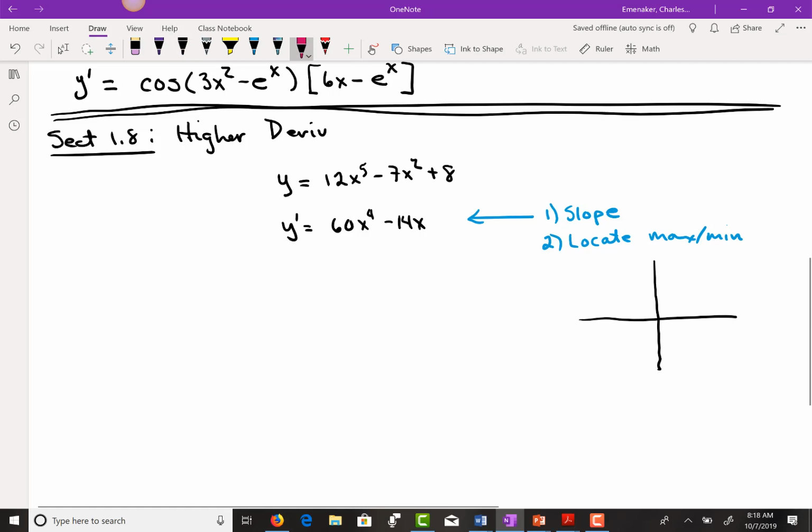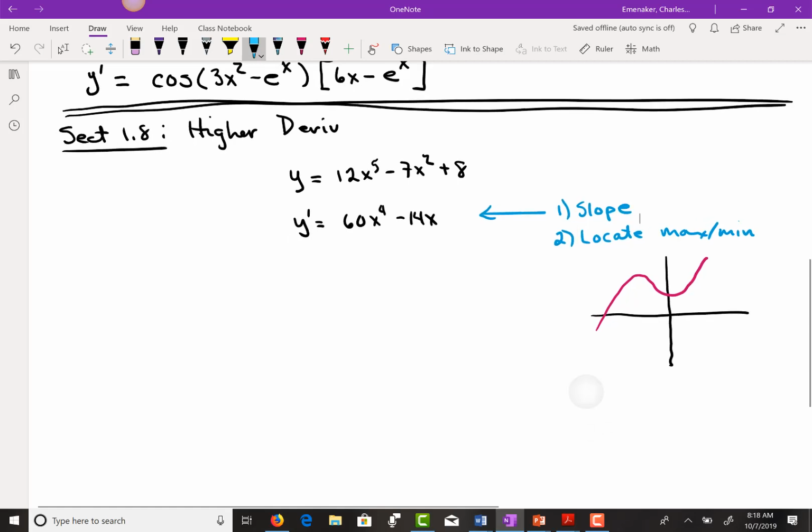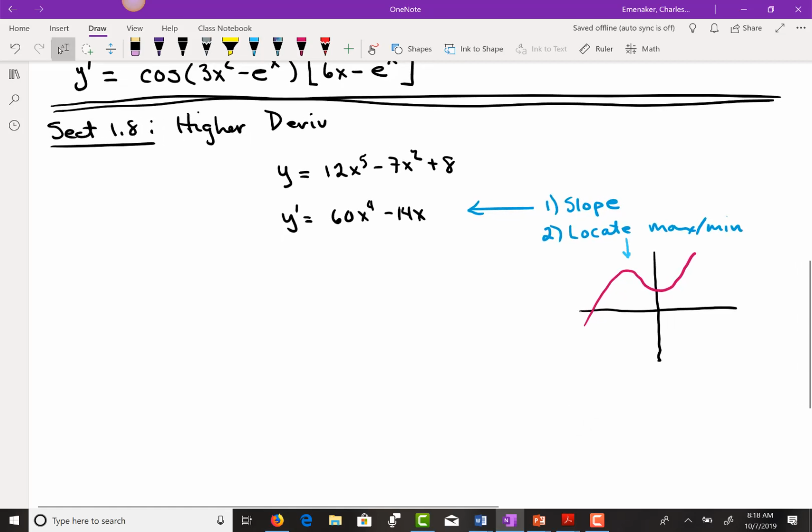If we have some kind of a function, at a maximum point, here's a maximum point. At that maximum, what is the slope of the tangent line? 0. At a minimum point, there's one. What's the slope of the tangent line? 0.